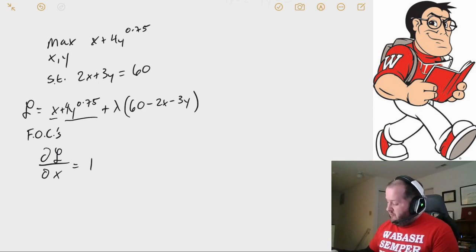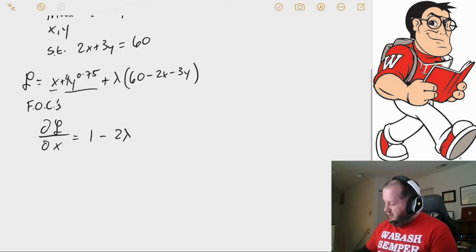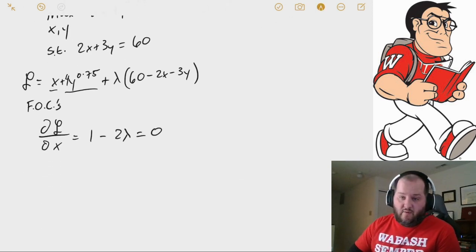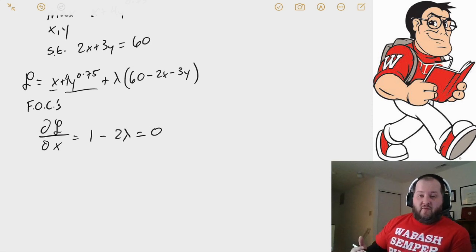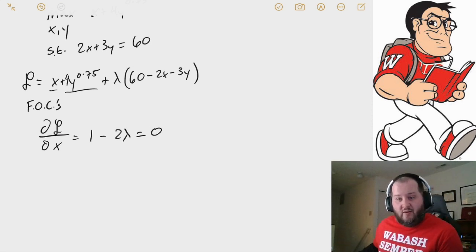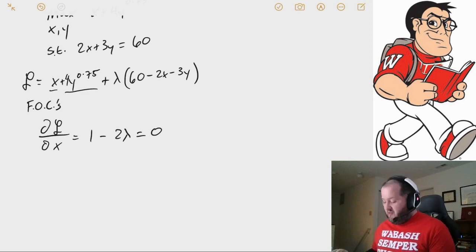Then we move over to our Lagrange multiplier, and we've got minus 2 lambda. Like we do with every first order condition, we set it equal to 0. Remember, when we are dealing with derivatives of functions like quasi-linear, we need to make sure we're treating each term separately. The other term isn't just along for the ride like it is in Cobb-Douglas.